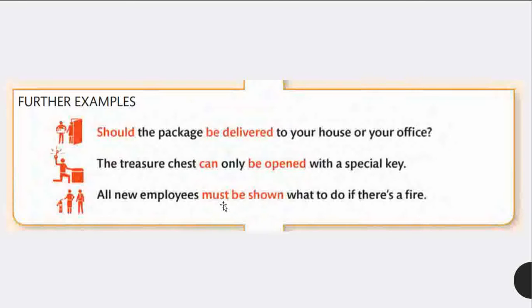If all three are in a row, may is the softer, should is slightly stronger and must is the strongest. So must is adding a tone to this sentence: all the employees must be shown what to do if there is a fire. So this sentence is said with a lot of authority.